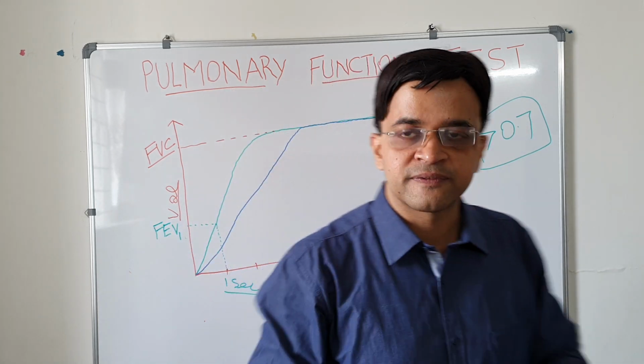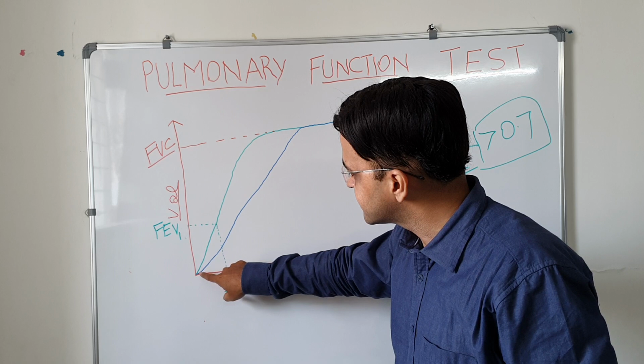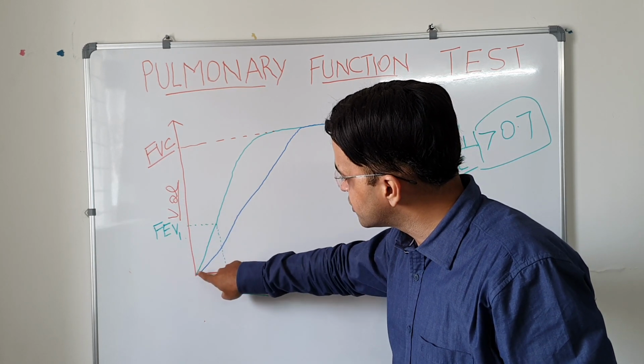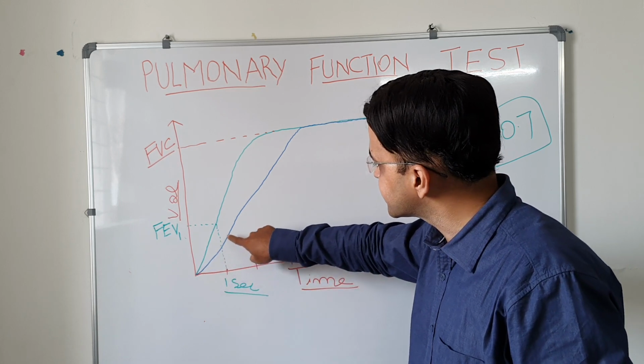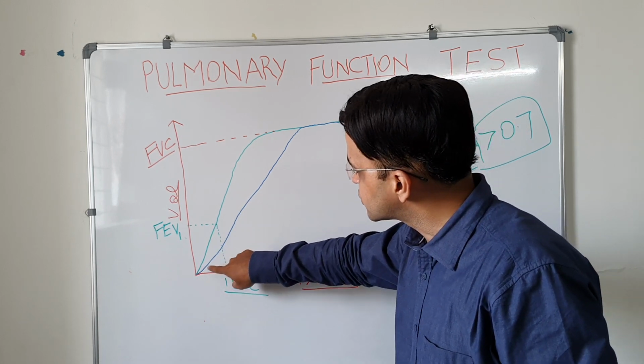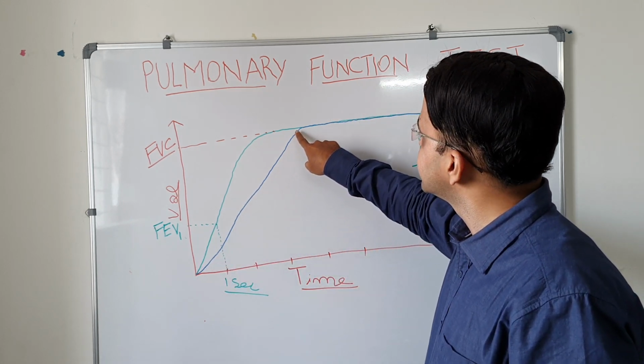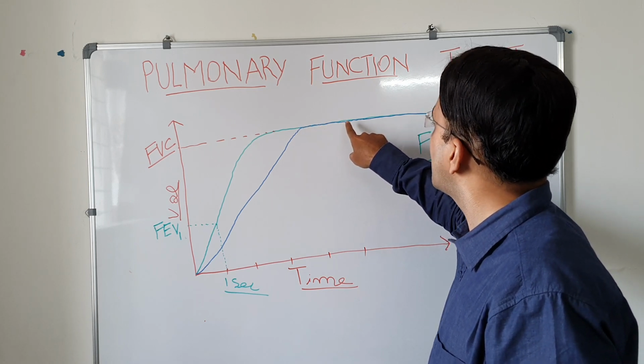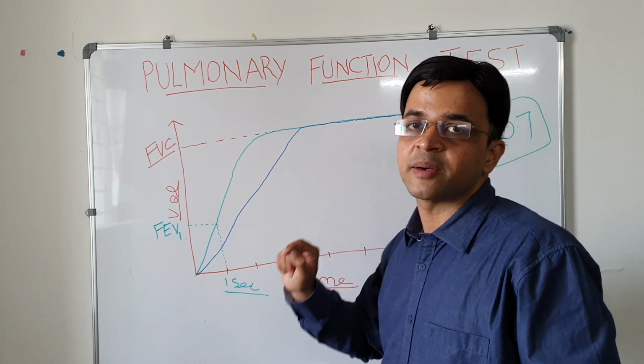If a graph is starting like this, that means the flow rate is slow, but ultimately the patient is able to exhale the whole of his forced vital capacity.